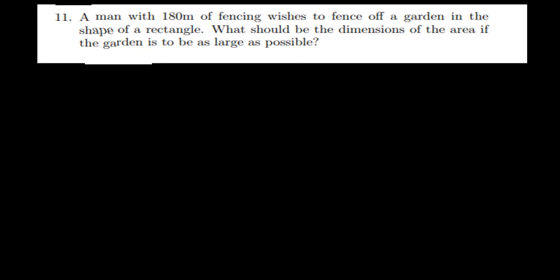Okay, so with us here we have a man. So he wants to find the dimensions of the area so that he comes up with this fence of a garden. Okay, so what are we going to do?